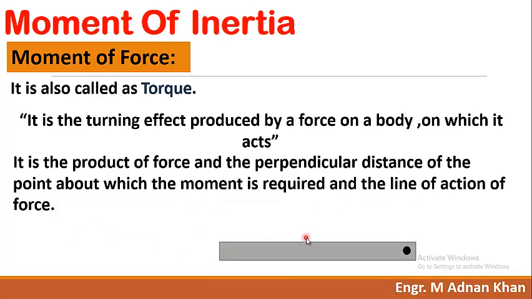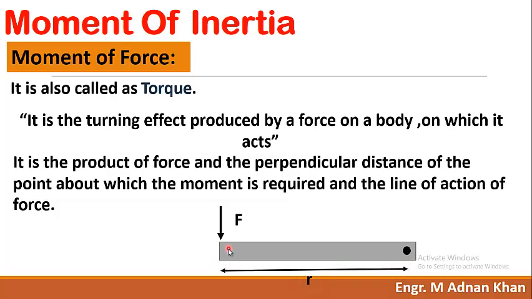Let us understand this by an example. Let's say this is the rod which is fixed at one point and the other end is free to move. Or you can say this is the window or door which is hinged at one side and the other end is free to move. And this force F is acting on this free end and the other end is fixed. And the distance between this fixed point and the moving end is r.